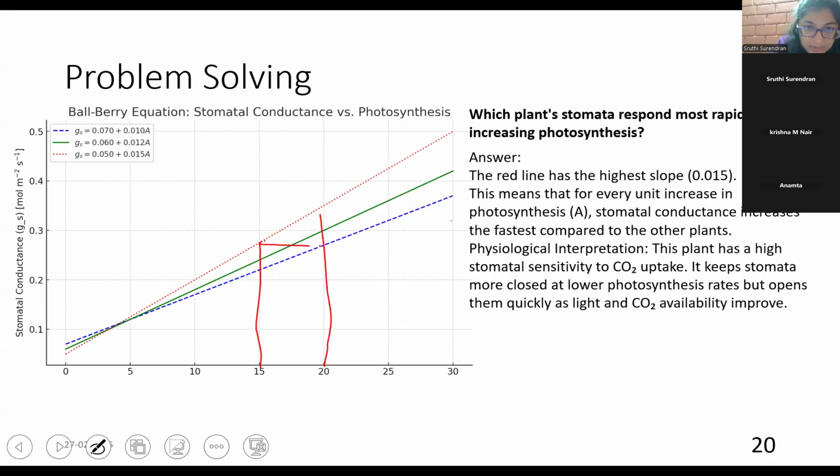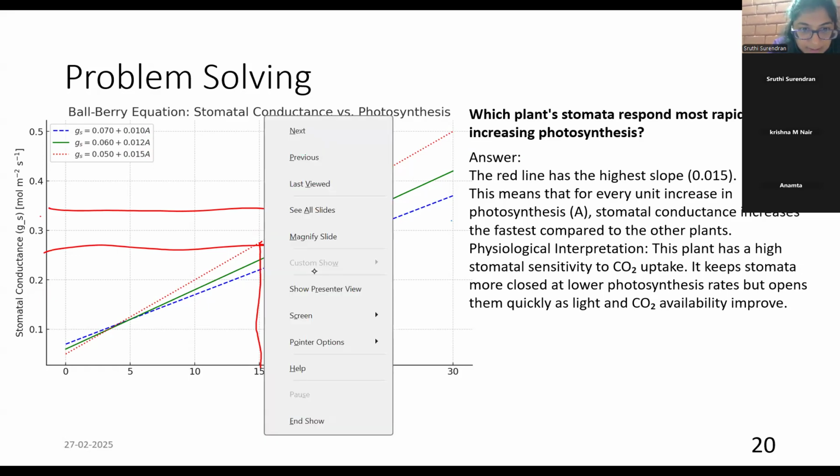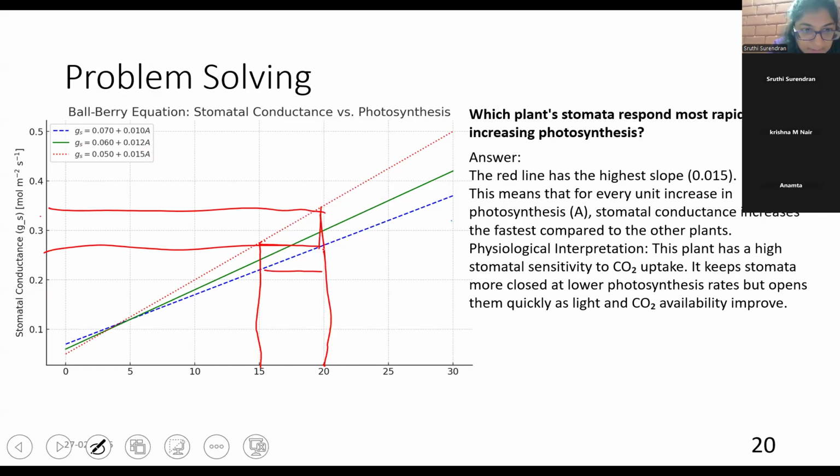The slope value, which is actually a difference of say 0.35 and 0.25, will be lesser in the case of this line. For this one, you will see the difference is less. It is 0.25 minus 0.2 over here, whereas here it is 0.35 minus 0.25.